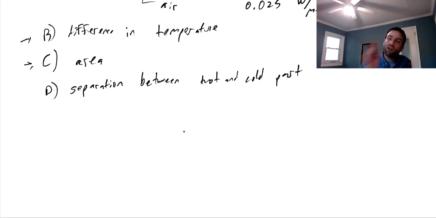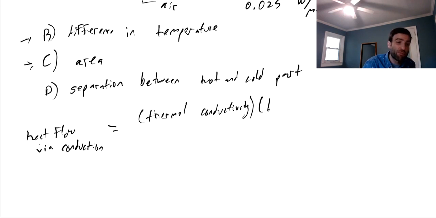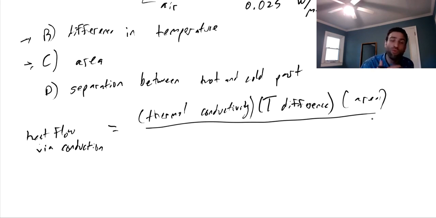So if I put all of these factors together, the heat flow via conduction is like the thermal conductivity multiplied by the temperature difference, multiplied by the area of contact, or the area through which the heat is flowing, all divided by the separation.